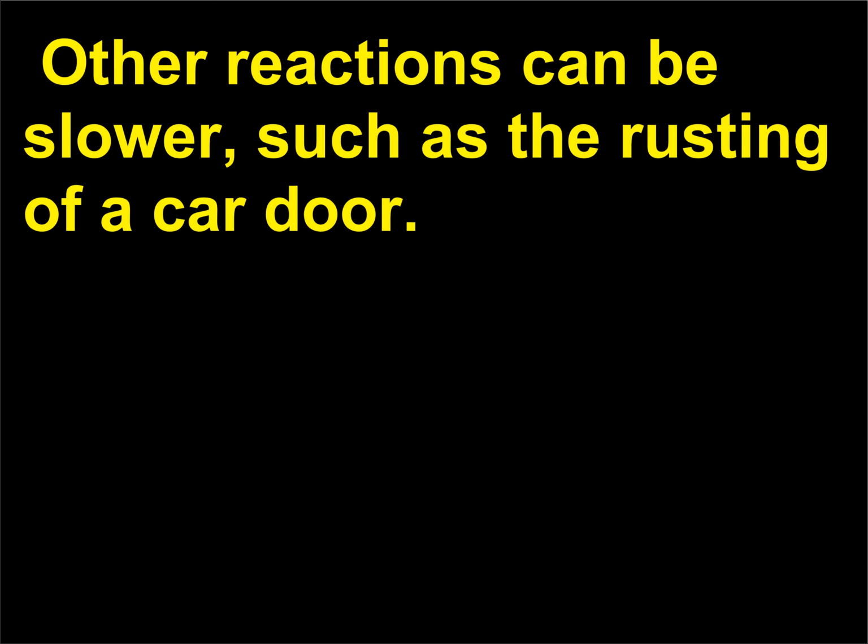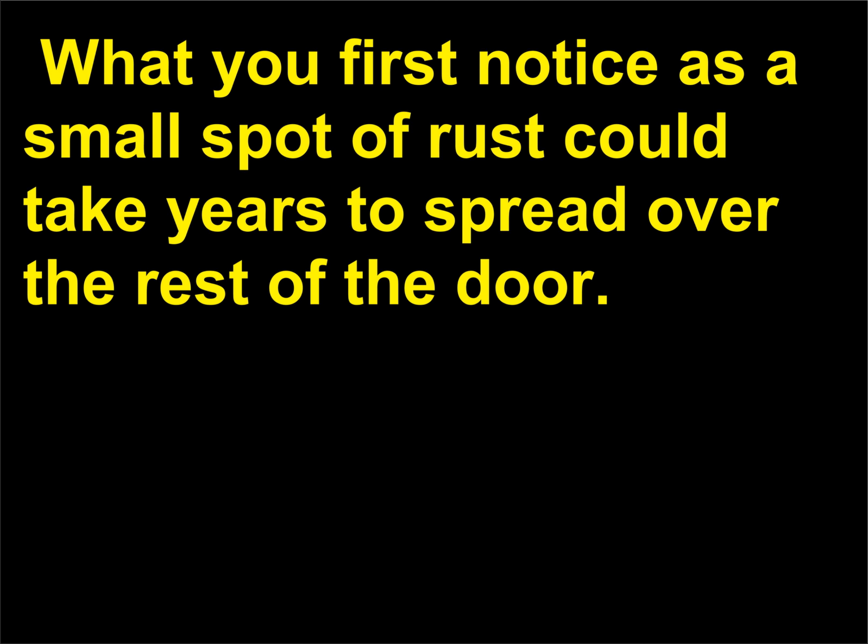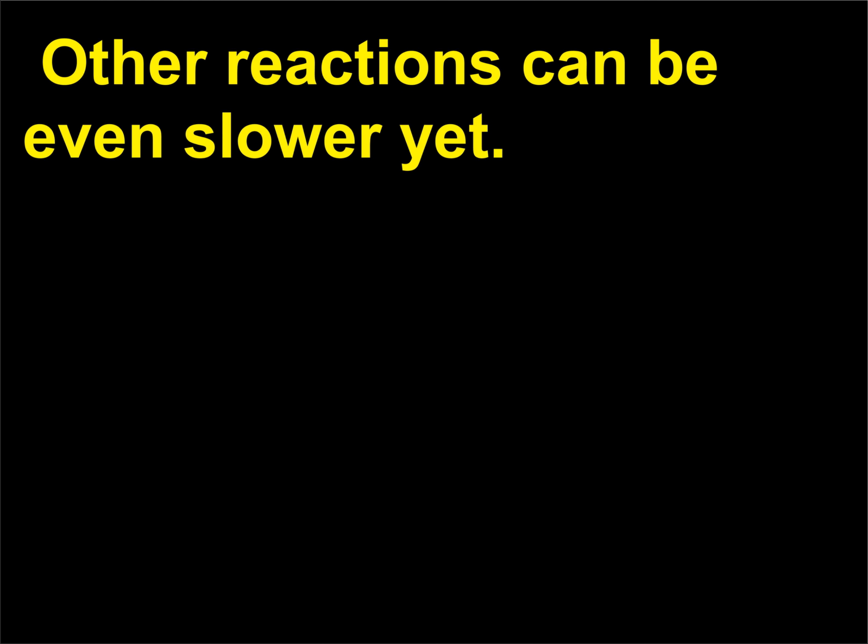Other reactions can be slower, such as the rusting of a car door. What you first notice as a small spot of rust could take years to spread over the rest of the door. Other reactions can be even slower yet.